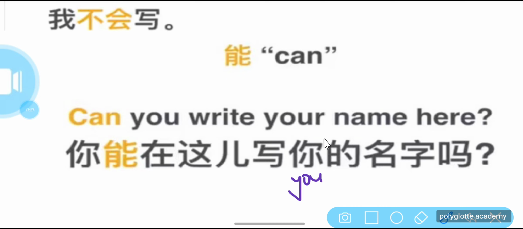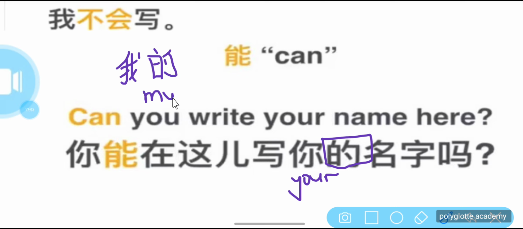We're talking about you, and de here comes to make it possessive, which is your. Ni de, your; wo de, my. Like in wo de, which is my.